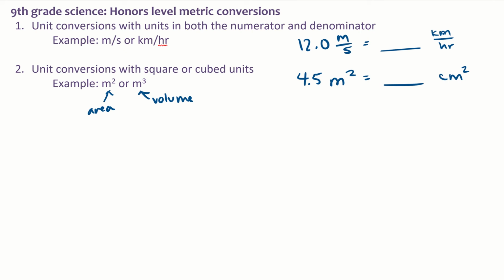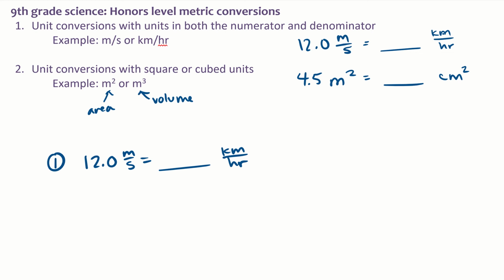So for the first example here, an example of converting with both units in the numerator and denominator. So let's say I asked you to convert 12.0 meters per second into kilometers per hour. Okay. Looking at this, I want to write out basically what I know.